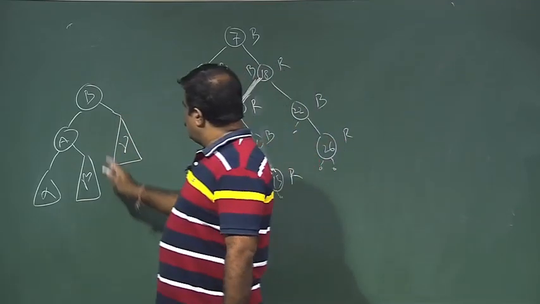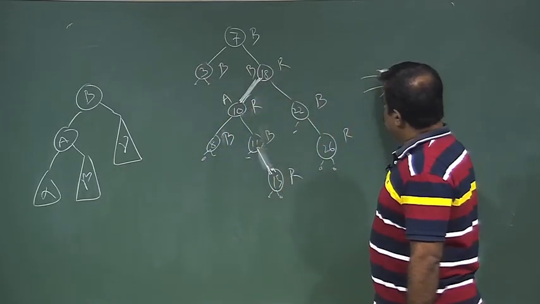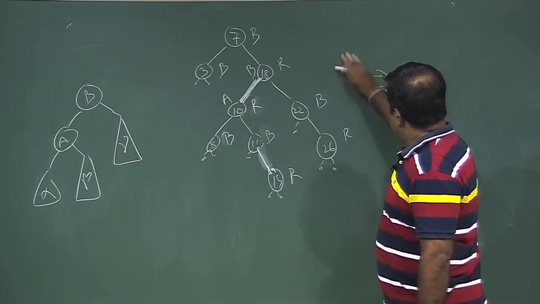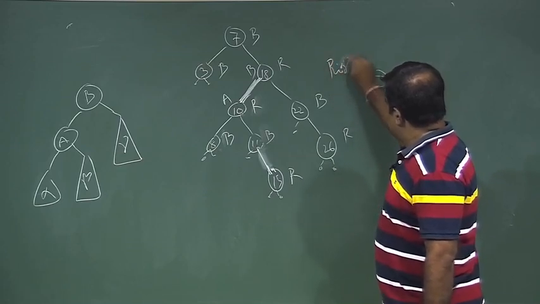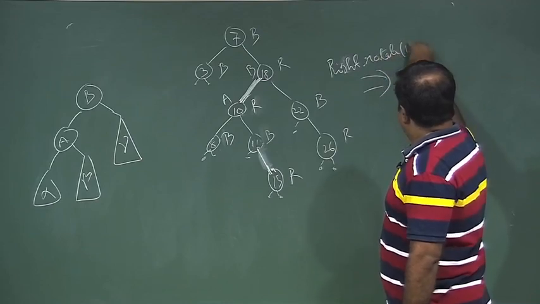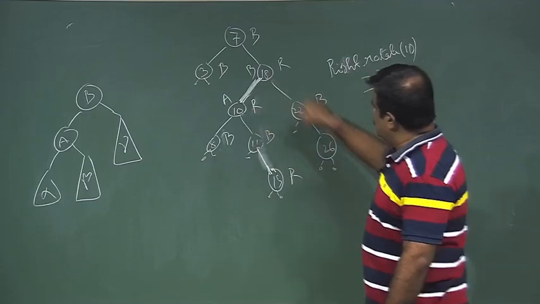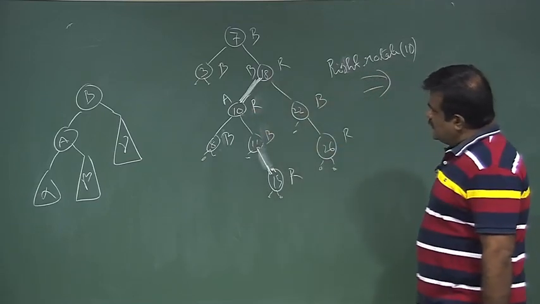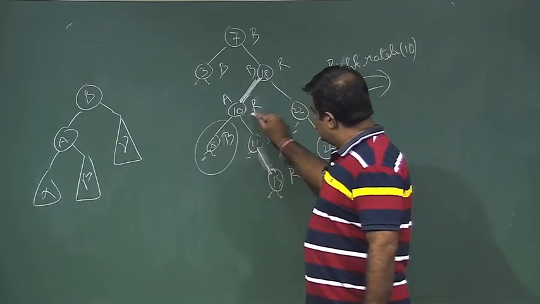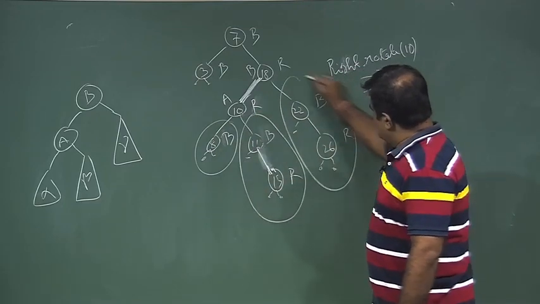Then if we perform this operation, we will just do the right rotate on 11, 10, sorry. So, you want to make 10 of this down. In that case, this is alpha, this is beta, and this is gamma.